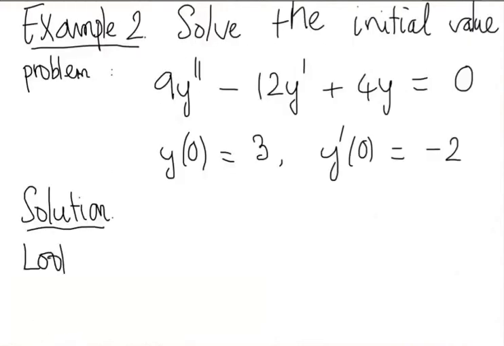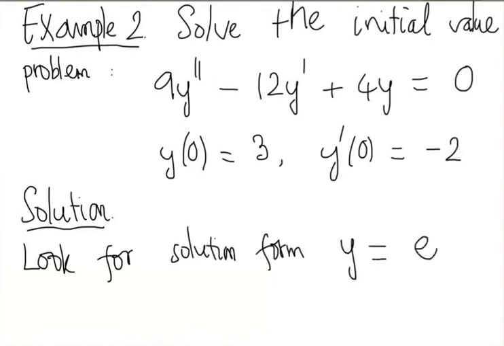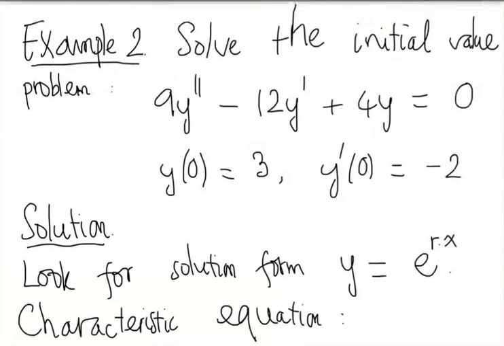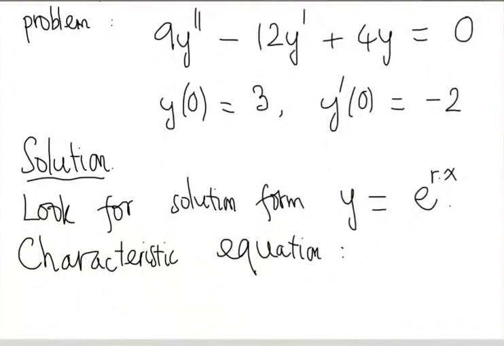Again, we look for a solution of the form y equals e to the rx. And then we have the characteristic equation, which is 9r squared minus 12r plus 4 equals 0.